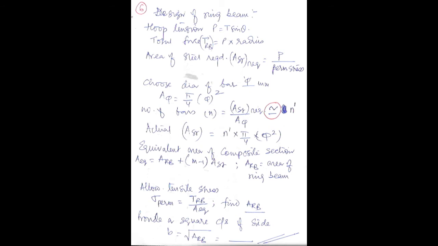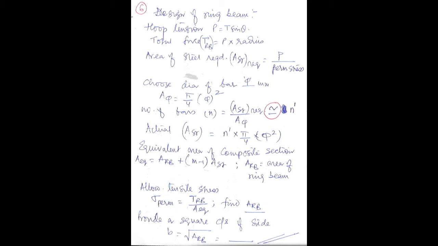Step number 6, that is the design of the ring beam. We have found out the hoop stress. Now hoop tension we can find out from that, T sin theta. Now total force in the ring beam, TRB is equal to P multiplied by the radius. Now area of the steel required, AST required, is equal to P divided by the permissible stress.